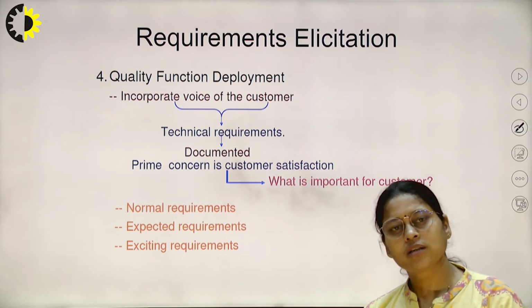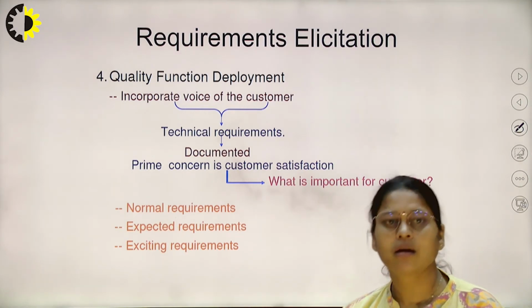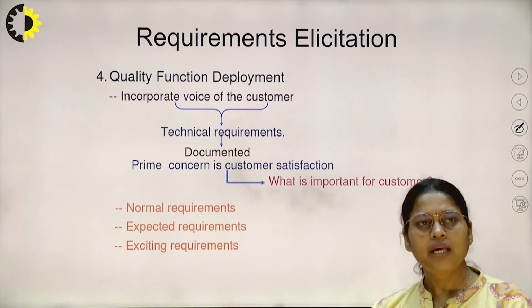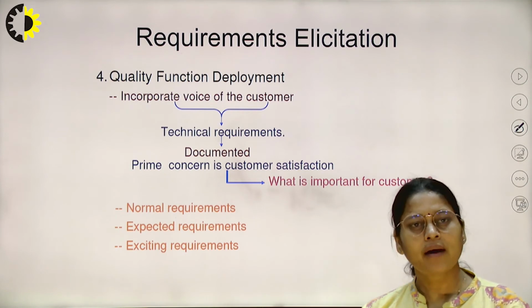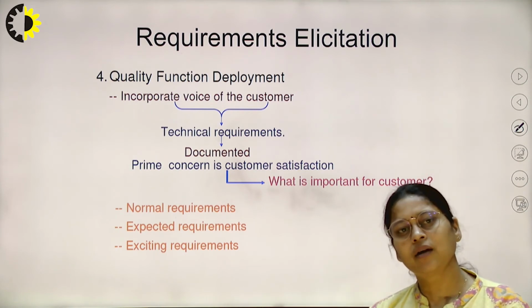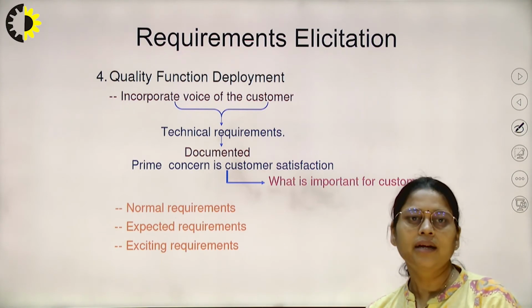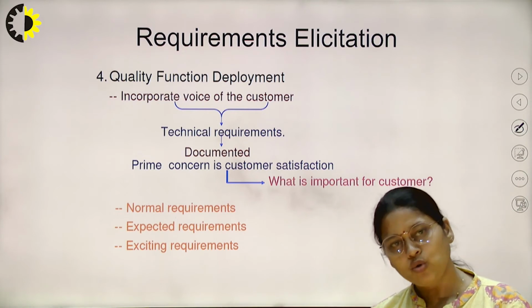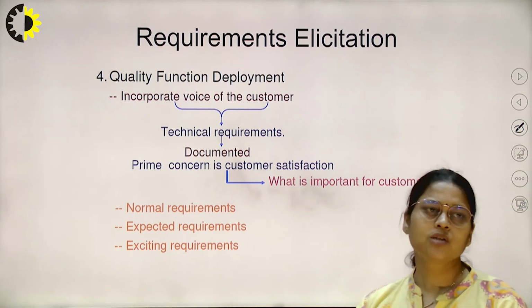So in this process we have to fill this gap of communication with the help of this quality function deployment method. What we have done in this method is directly convert the voice of the customer into the form of text, so that there will be no communication gap and no information will be missed.